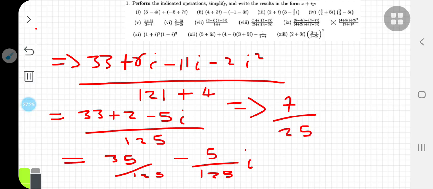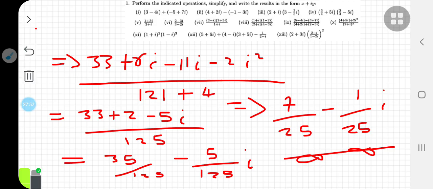Yeah. And then 5 there, it will just be 1. And there also it will just be 25i. So now this becomes my solution. This becomes my answer. So 7 over 25 minus 1 over 25i. We move on.